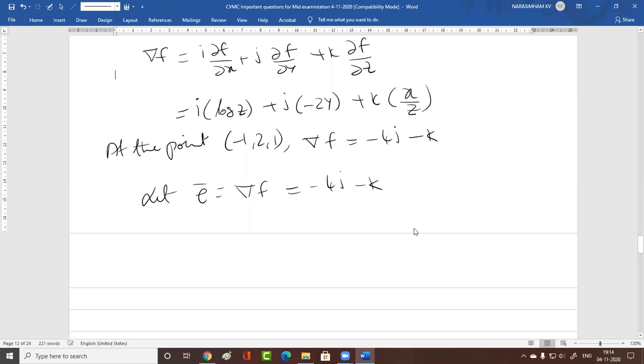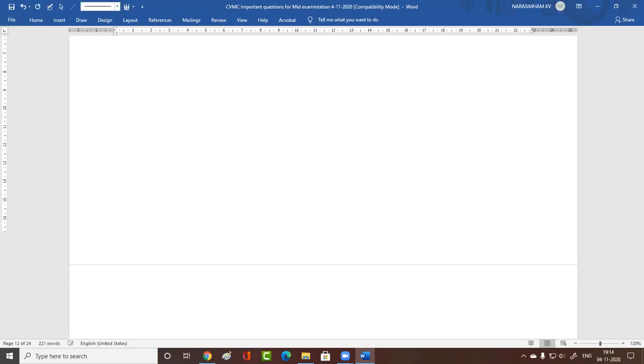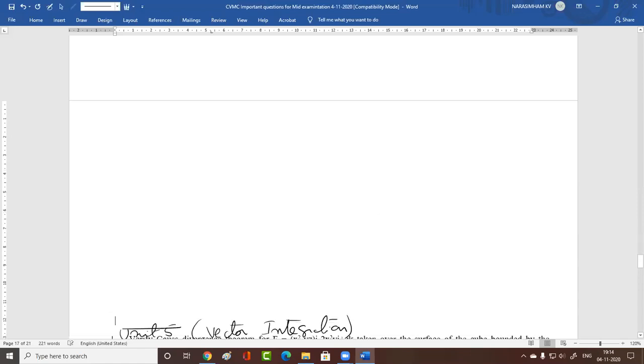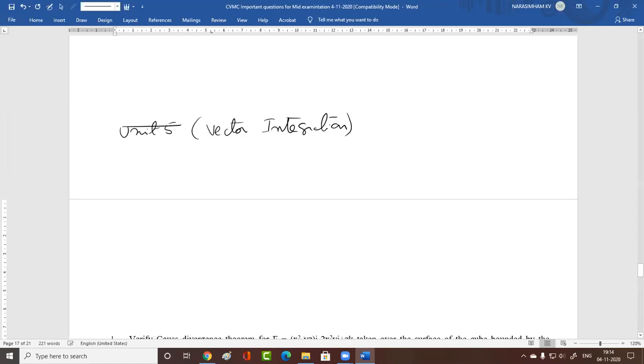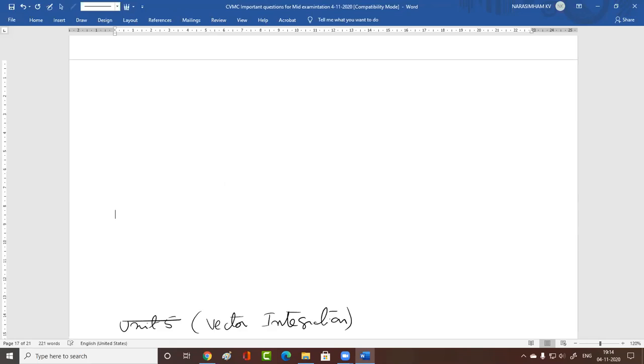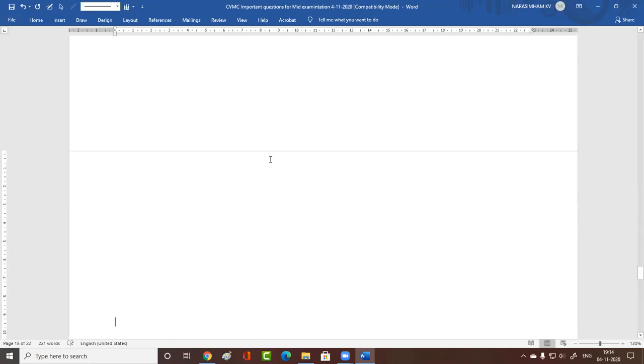Up to this clear. Now the direction is given.